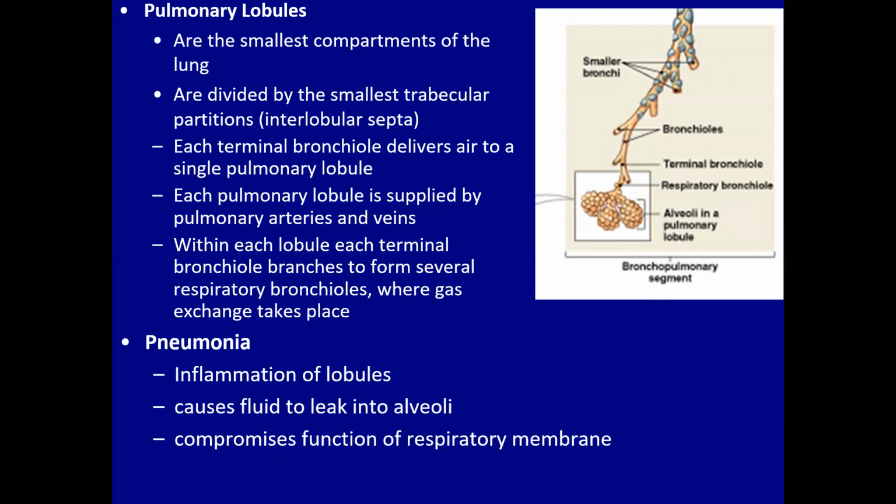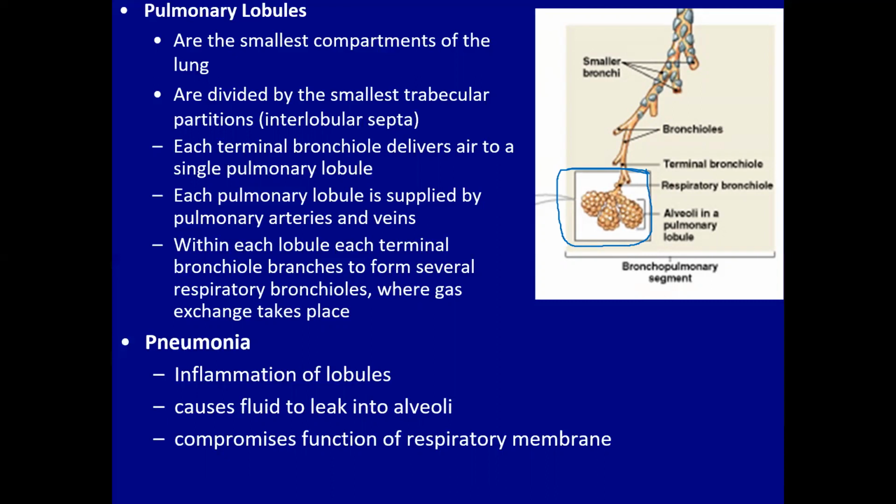When we start dealing with these bronchioles and we get down into a pulmonary lobule, that is what we are seeing right here. These pulmonary lobules are supplied their nutrients by pulmonary arteries and veins.